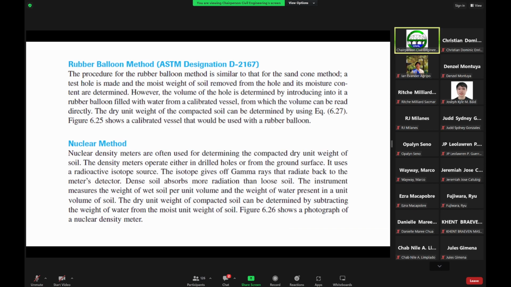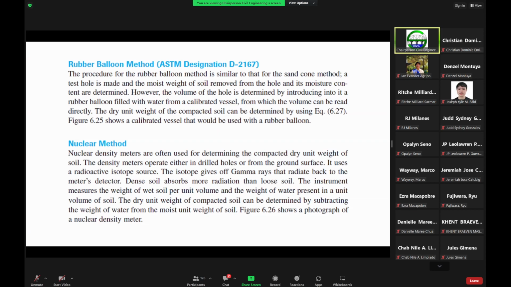Now, this nuclear density meter measures the weight of wet soil per unit volume and the weight of water present in a unit volume of soil. So it automatically reads it. There's no more measurement in the lab. It's being automatically read by the equipment.